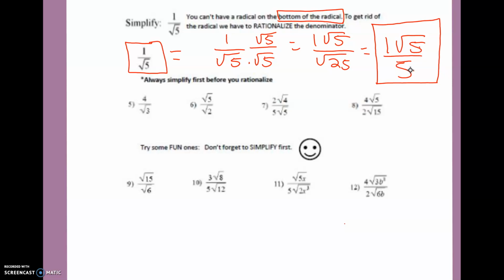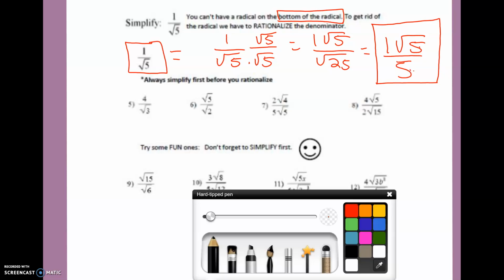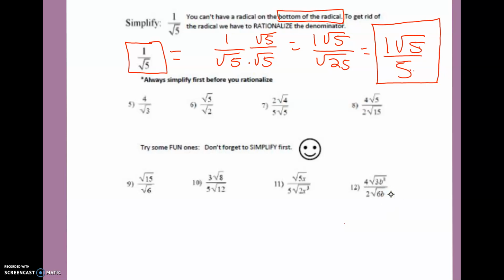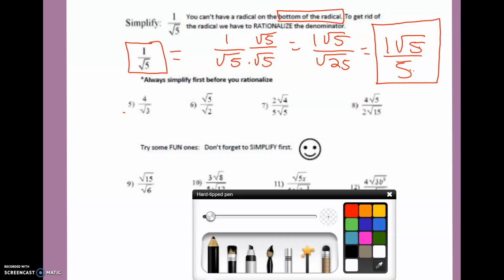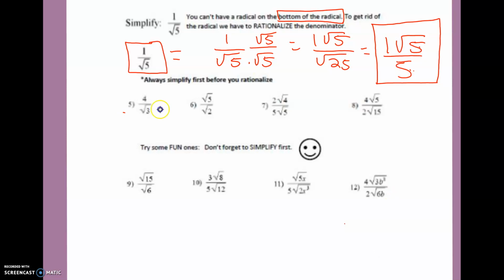All right. Let's take a look at some of the examples I have here, and then I'll have you do the last couple on your own. You could check them out, see how you did. Number 5 here, we have a radical 3 on the bottom, so we're going to rationalize it by multiplying the bottom and the top by radical 3. So the top becomes 4 radical 3.